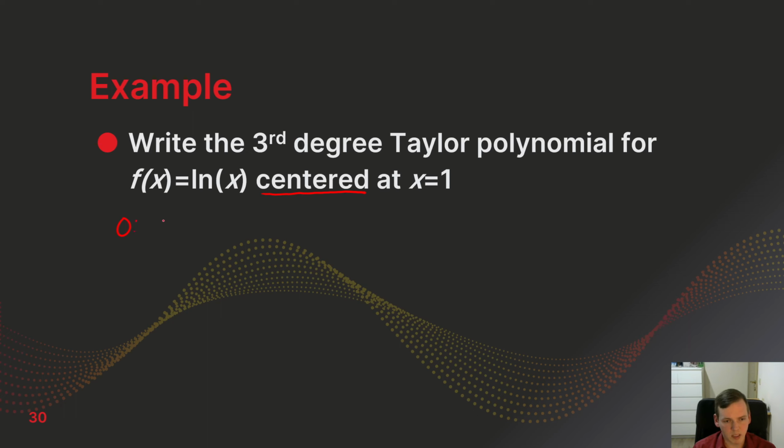That will be the 0th derivative of f of x, so that will just be f, no derivative. f of 1 divided by 0 factorial times x minus 1 to the 0th power. And that will equal just f of 1, because 0 factorial is 1, and x minus 1 to the 0 is 1. So this ends up giving us just ln of 1.